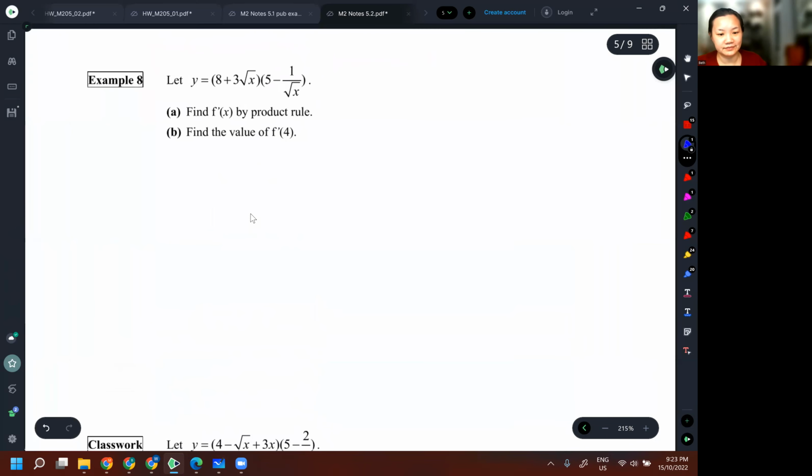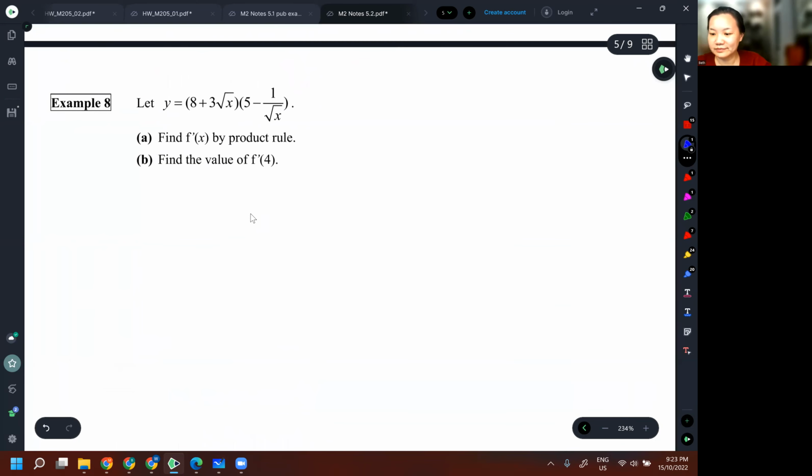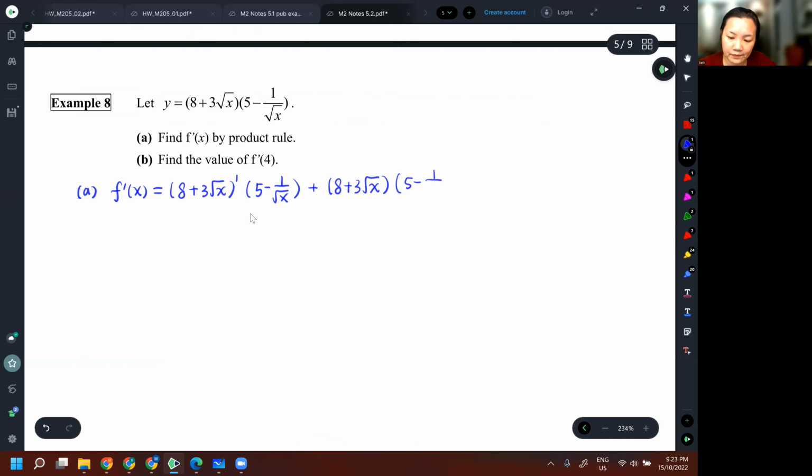Example 8, product rule, part A. F prime: this time, differentiate the first one, multiply the second one, plus copy the first one, differentiate the second one.